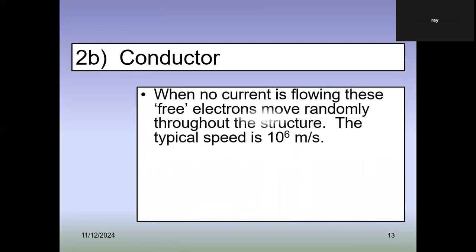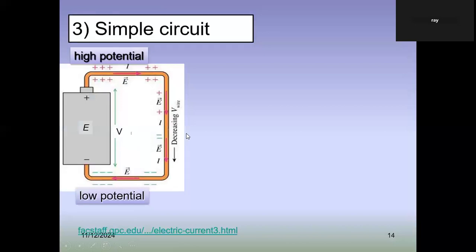In a conductor, when no current is flowing, these free electrons move randomly throughout the structure. The typical speed is quite high, 10 to the power 6 meters per second. That's how the electrons move at random in the conductor. This is a simple circuit, a battery and a wire.